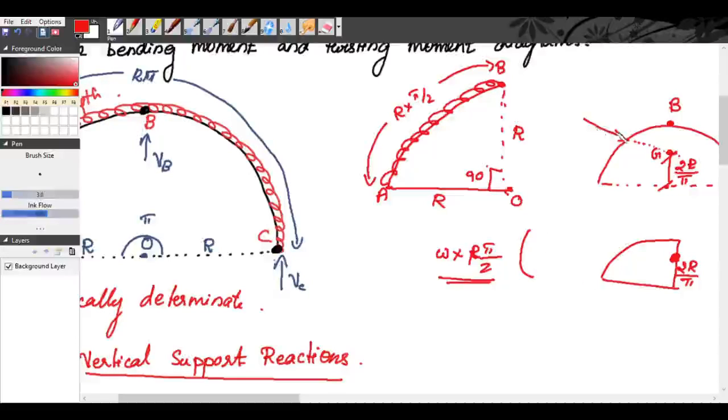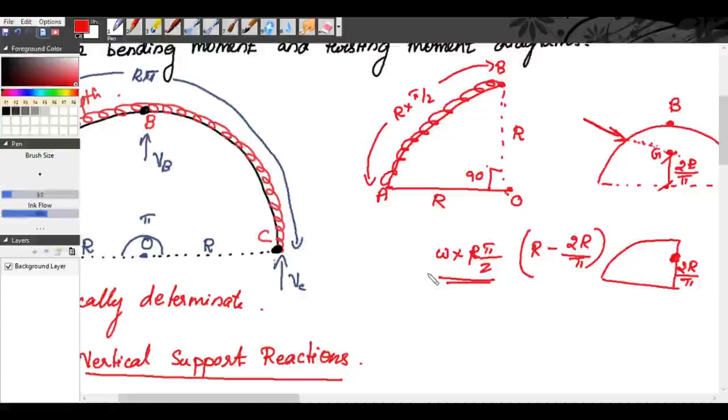So what you get is, this is your total load. That is WR into pi by 2. See, this will pass through the centroid. So the perpendicular distance is BG. So what is BG? R minus 2R by pi. So is it clockwise or anti-clockwise towards B? This is anti-clockwise towards B. So we will take the negative value.